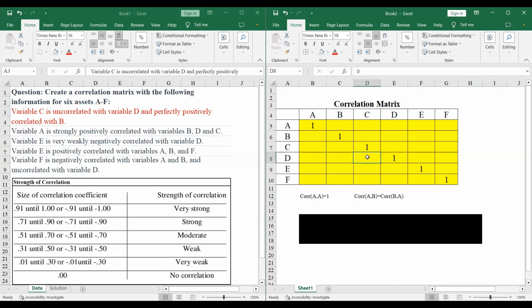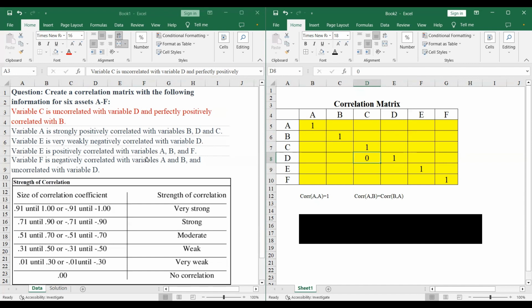We have this relation between C and D. They are uncorrelated. They don't move together. There's no intercorrelation. Thus, this is 0. So uncorrelated means that variables C and D do not have intermovement, and the correlation will be 0.